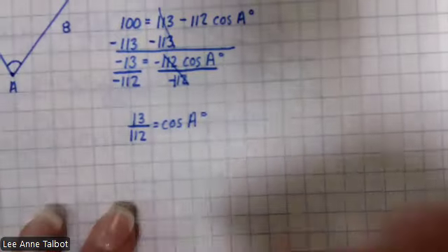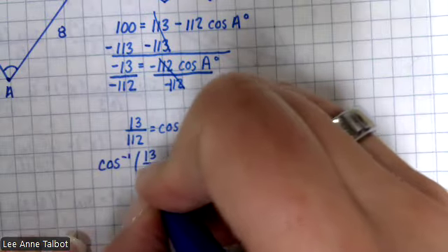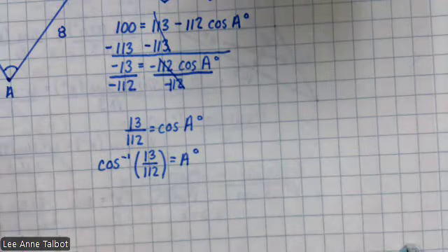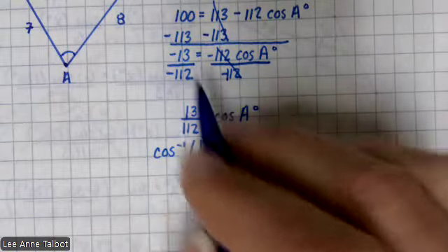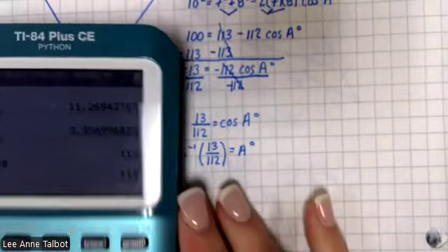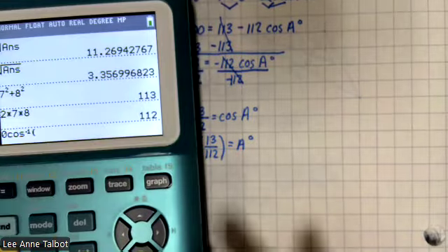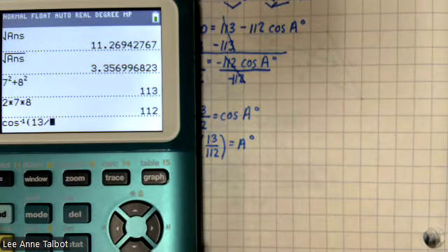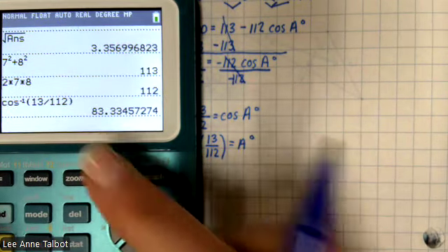Now, this is where I'm gonna get lazy. Instead of showing the cosine inverse of both sides, I'm just gonna take cosine inverse, and that will cross out with that. Cosine inverse of 13 over 112 is 83.3 degrees.